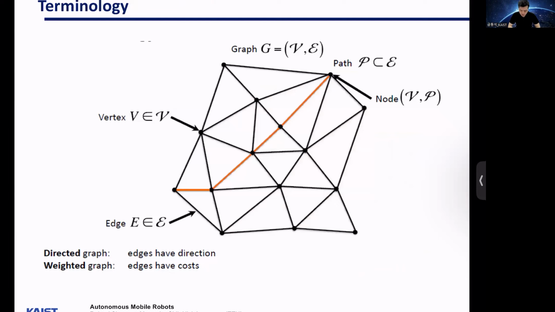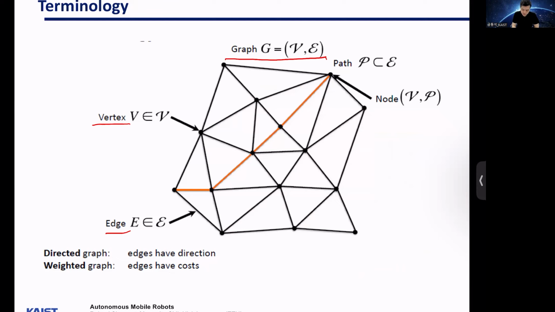So let's start with terminologies. We have vertex and edge, V and E, and a graph G consists of vertices and edges.